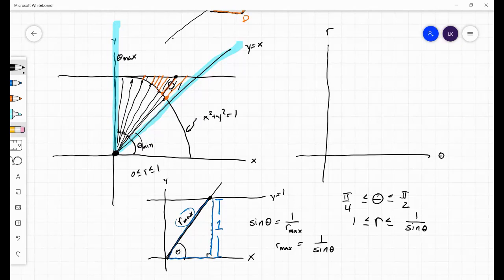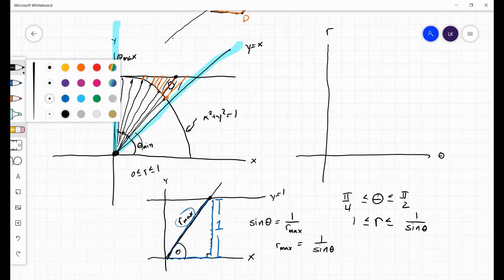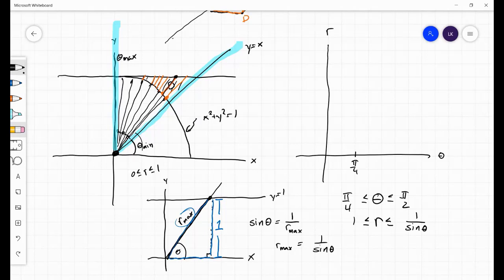So here we would say, okay, if you try to draw this region, theta is between pi over 4 and pi over 2, and r is between 1 and something greater than 1. So it's a curve, it's a function. So r equals 1 over sine theta. It's part of the graph of cosecant of theta.